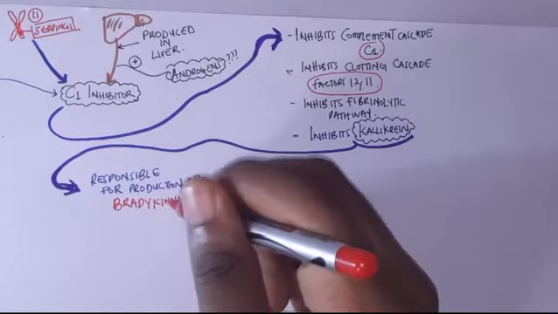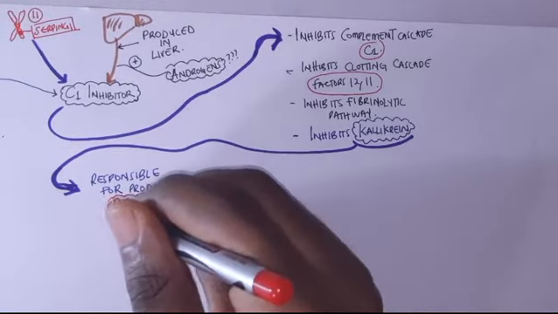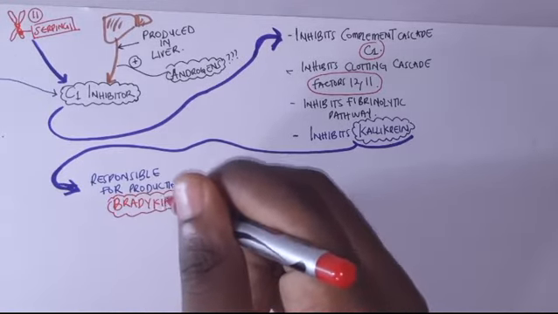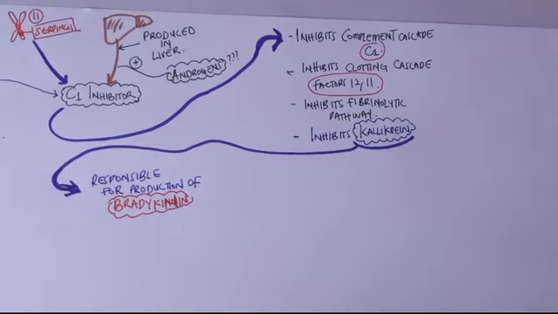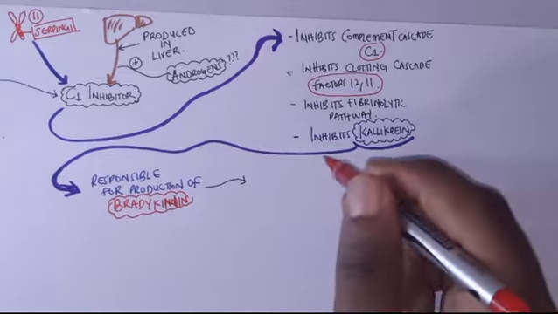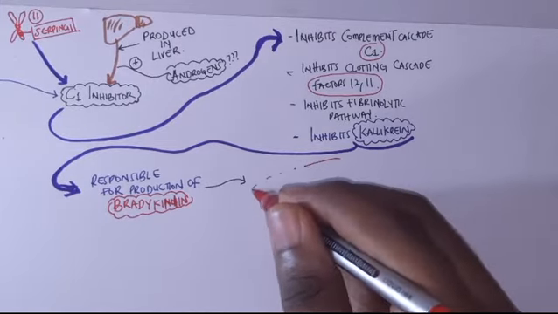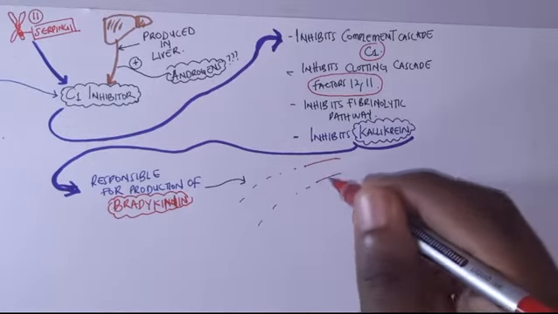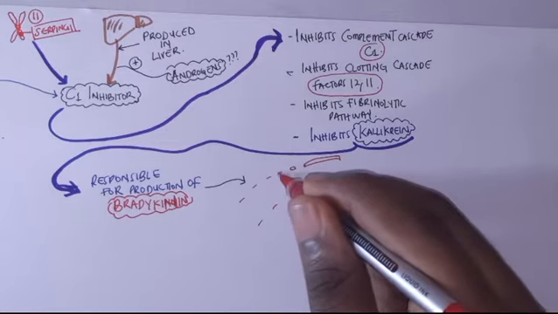Research has shown that an increase in bradykinin causes some cellular and molecular changes, which ultimately result in increased capillary permeability. When there's increased capillary permeability, you'd expect that fluid is going to leak out into the tissue, and this is going to cause edema.